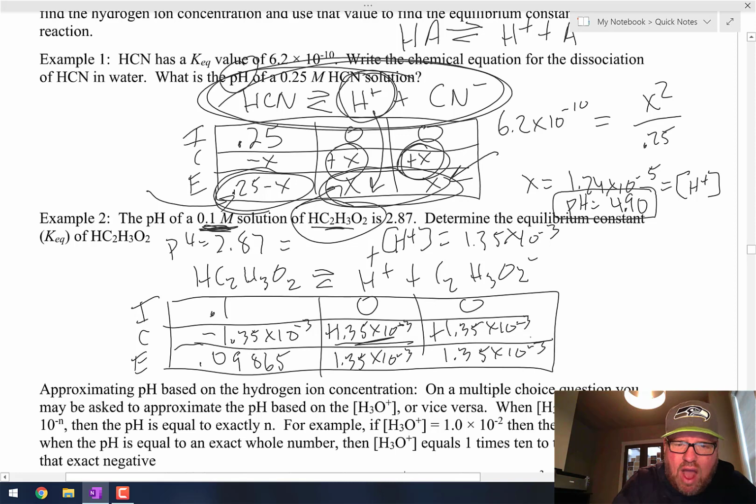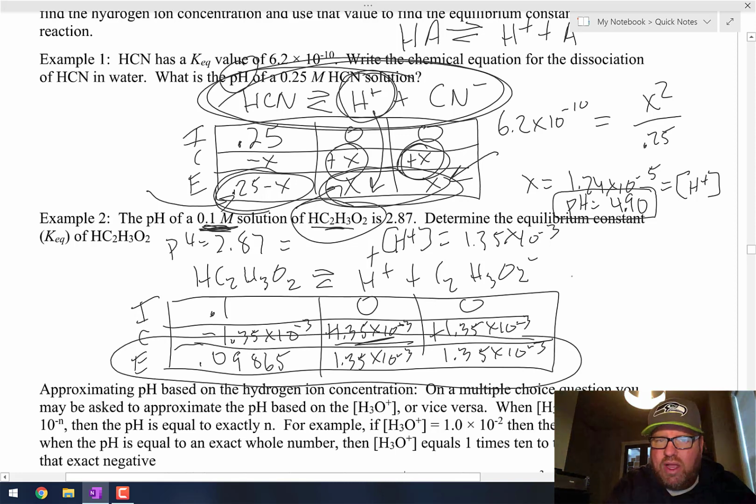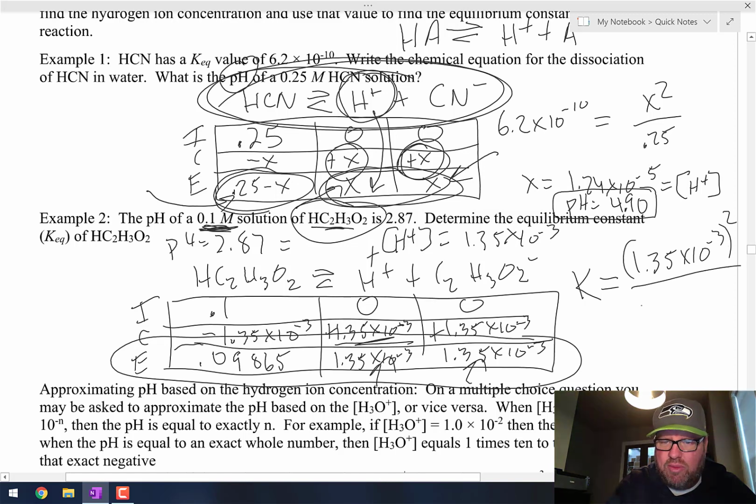Now that we have all our equilibrium values, we can plug them into the equilibrium constant expression. So K is going to equal 1.35 times 10 to the minus third, H plus and C2H3O2 minus, so I'm just going to square it because it's the same number, over 0.09865.